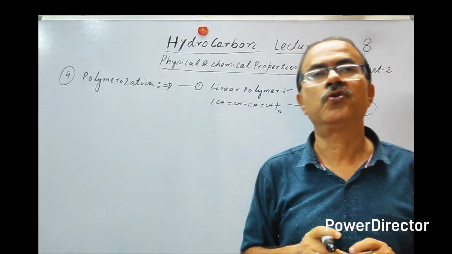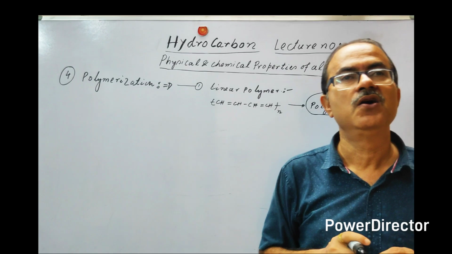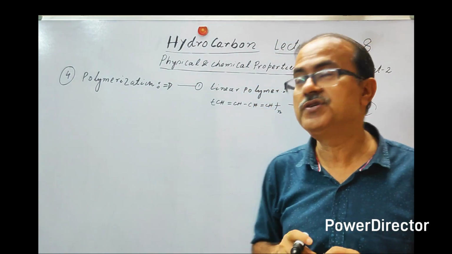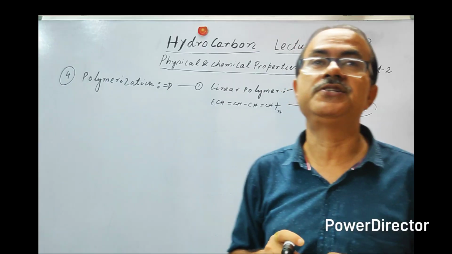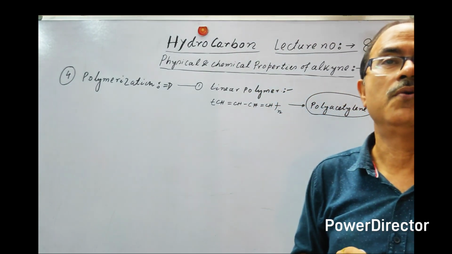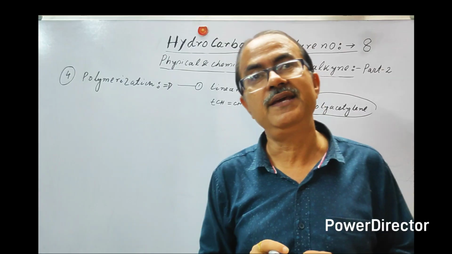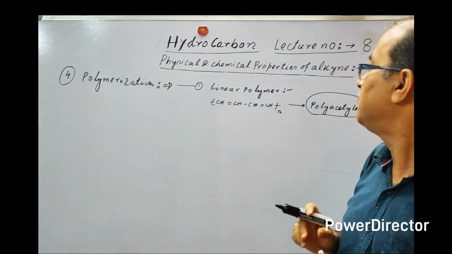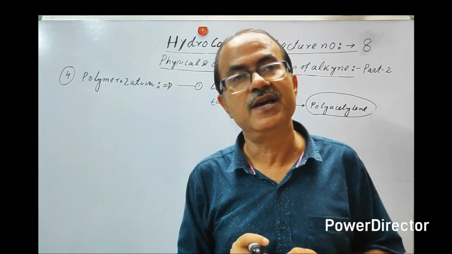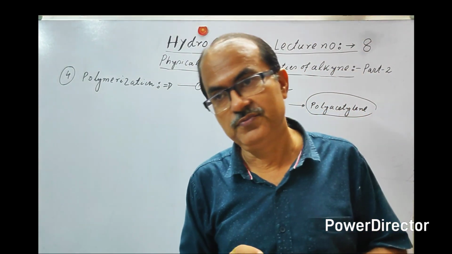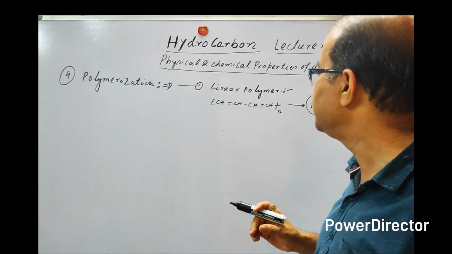In electrodes, normally you use metals which are very heavy, but when you use a very thin sheet of polyacetylene, it makes the battery very lightweight. So nowadays this type of polymer is used as an electrode. So this is a good application.